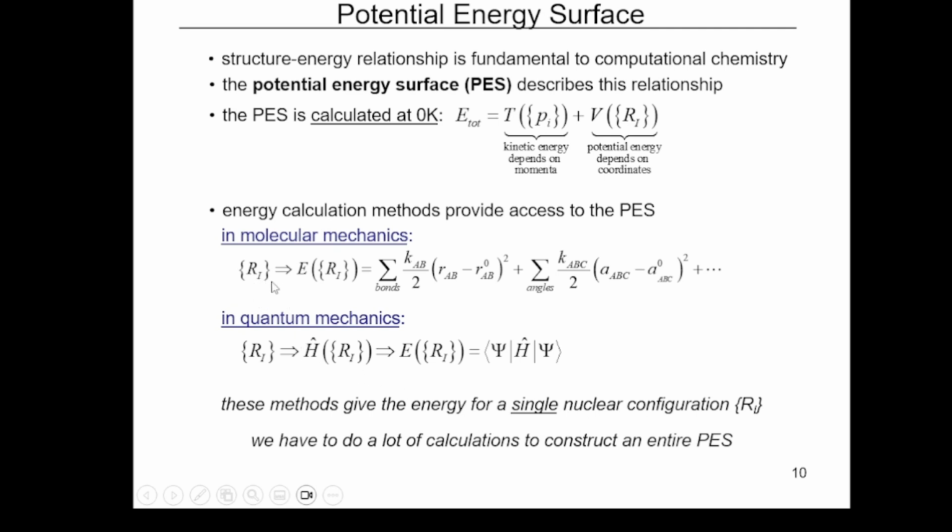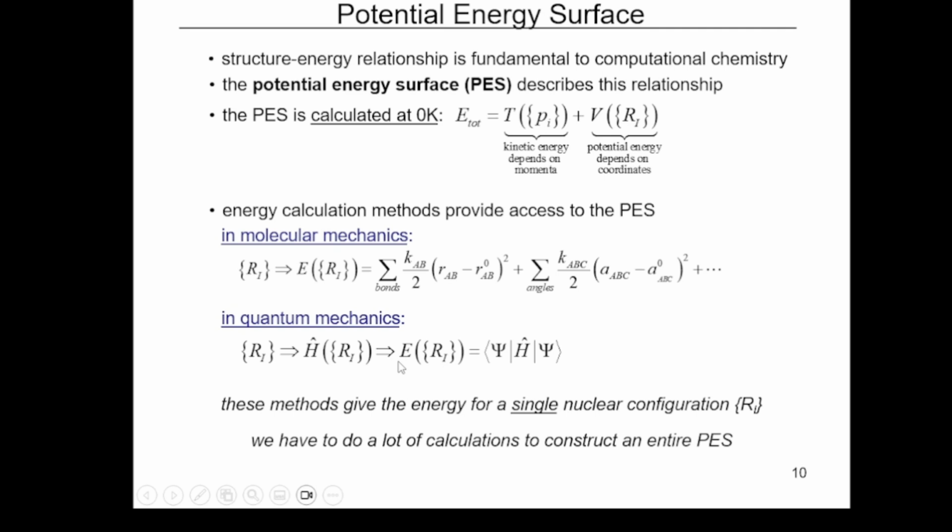You can see here, now energy here depends on Ri. So bear in mind in these lectures, whenever capital R is written, it means the coordinates of nuclei. When small r is written, it is the coordinates of electron. Now in this case, the energy depends on the nuclei coordinates. Same is the case here, energy is a function of nuclei coordinates.